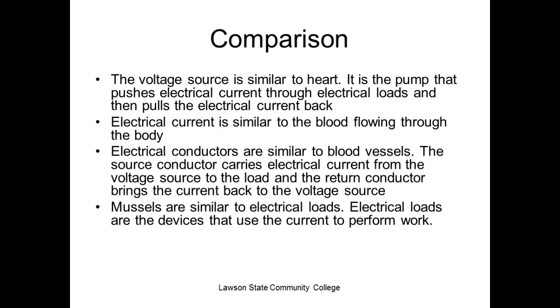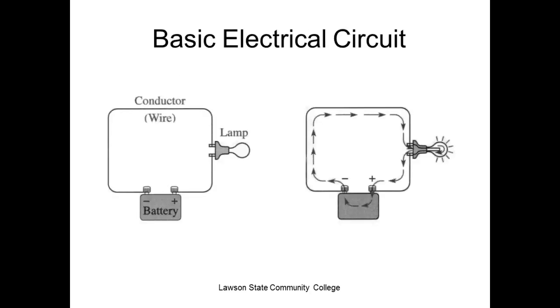So that's all it is. It's nothing but a pump. That's all a voltage source is, a pump that moves everything that's already there. Electrical conductors are similar to vessels, and your muscles are similar to the loads. Everybody okay there? These are two basic circuits.